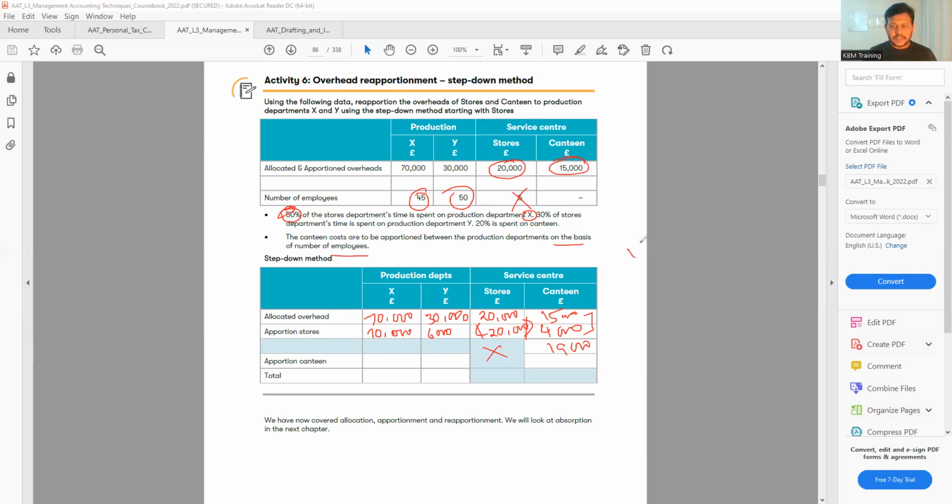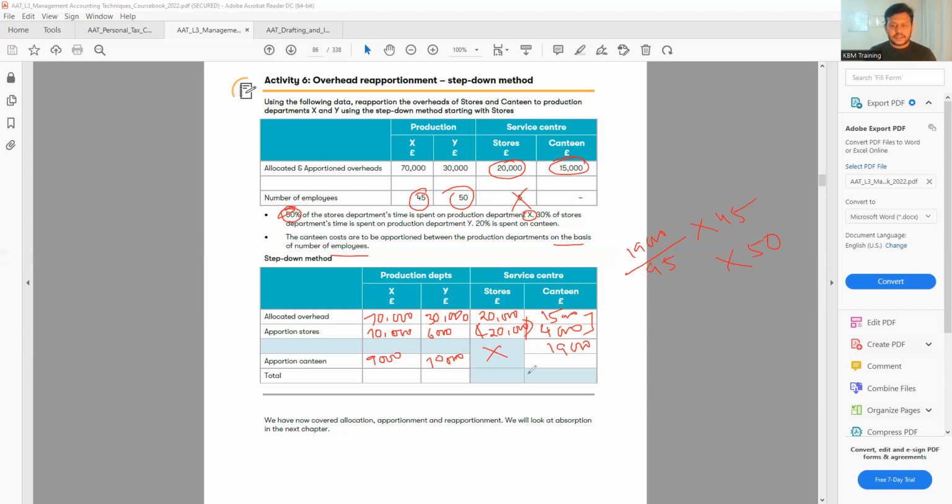So the 19,000 divided by 95 and times by 45 and times by 50, and that will give you how much? So 19,000 divided by 95 times by 45 gives you 9,000. So 9,000 for the X, and for the Y it will be 10,000.